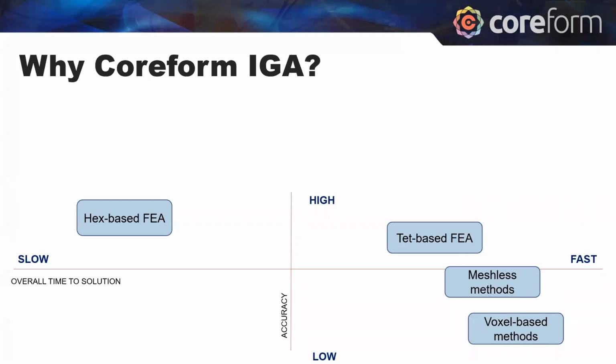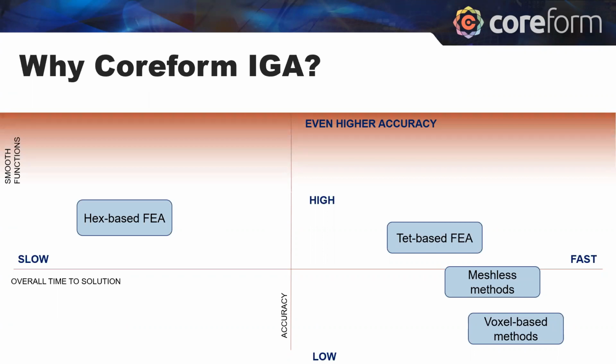And then there's tet-based FEA, and a variety of different meshless methods and voxel-based methods. Again, these are just notional for where they're at, but generally there's a trend that the quicker it is to prepare the model, maybe the less accurate, maybe the less robust the methods tend to be.